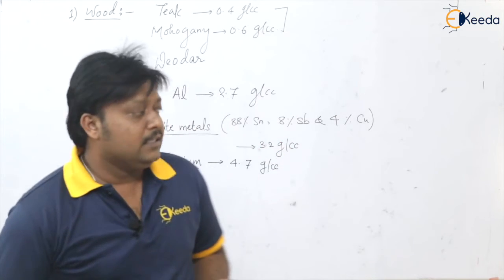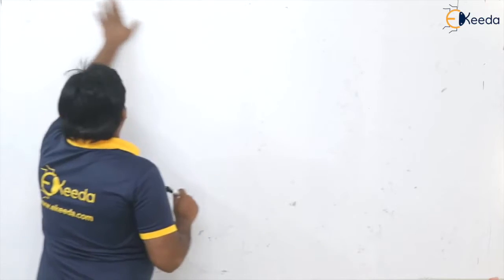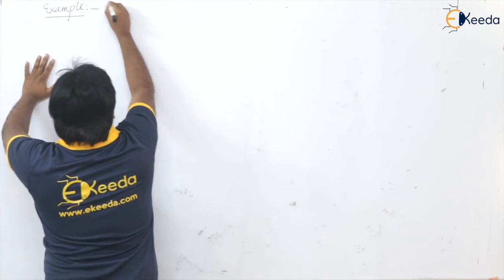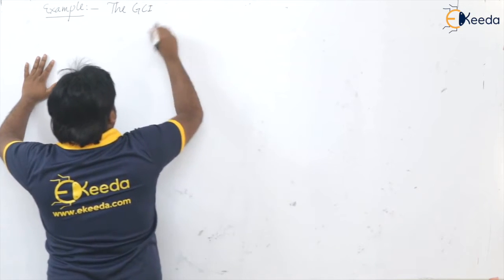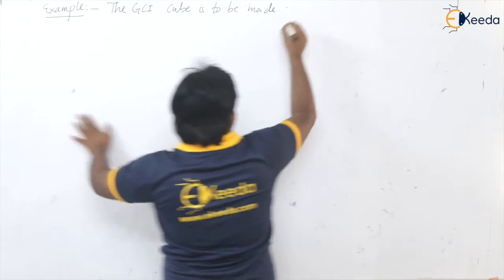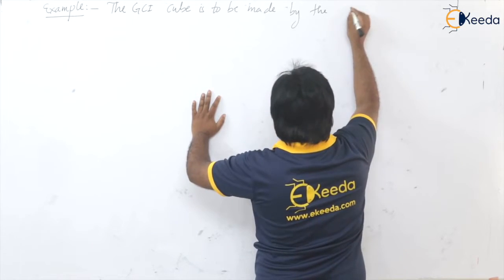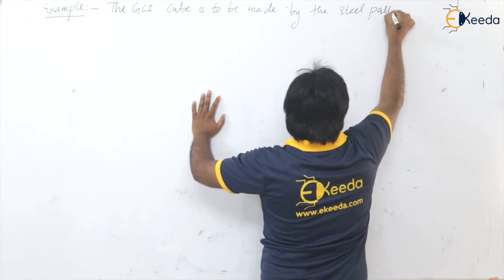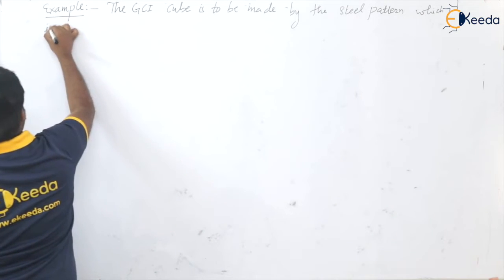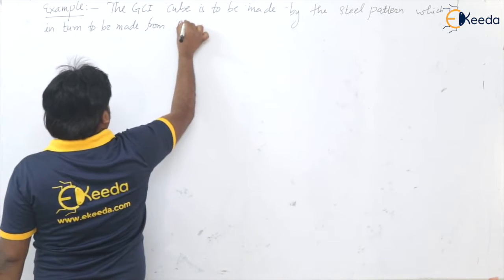To understand this very clearly, I am taking one example. Say a grey cast iron cube is to be made by a steel pattern, which in turn is to be made from an aluminum pattern.